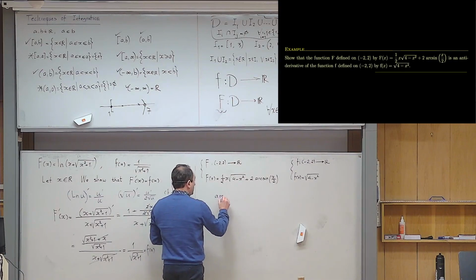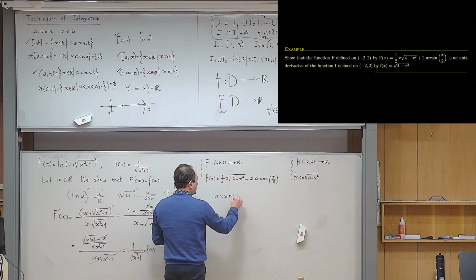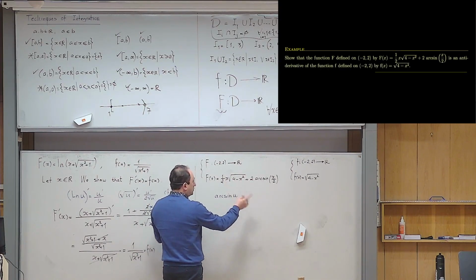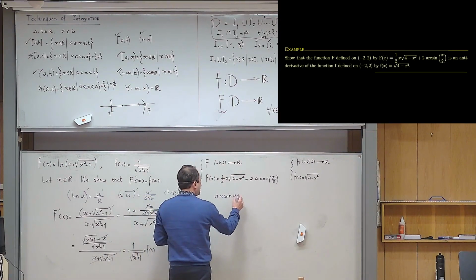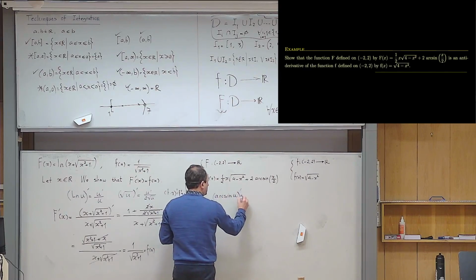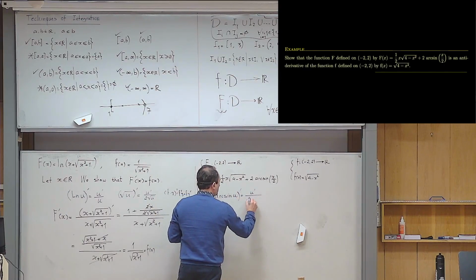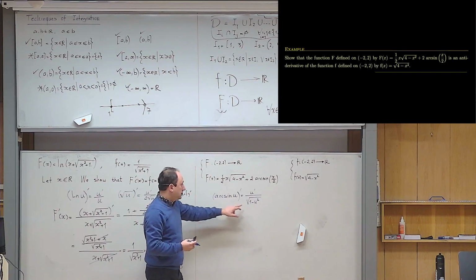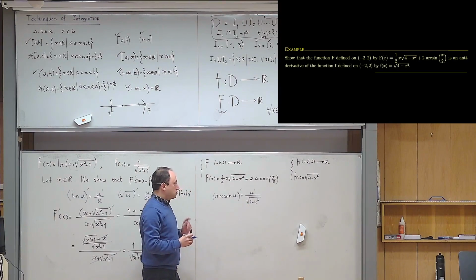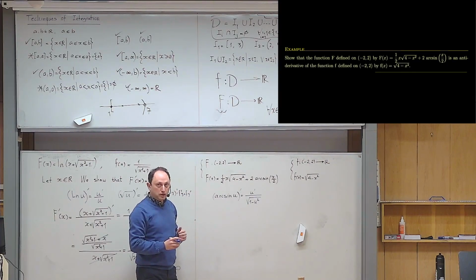Hopefully you remember that. If you have arc sine of a function u, if u is strictly between -1 and 1, then this is differentiable, and the rule is to write u prime over square root of 1 minus u squared. So in order for this function to be differentiable, u should be strictly between -1 and 1.